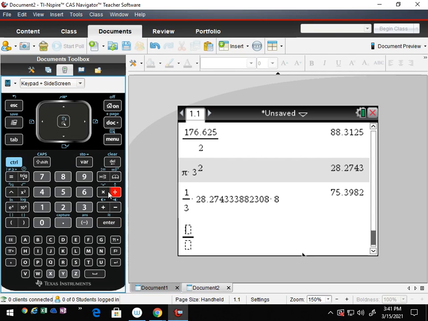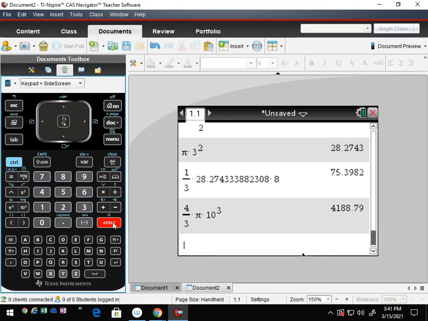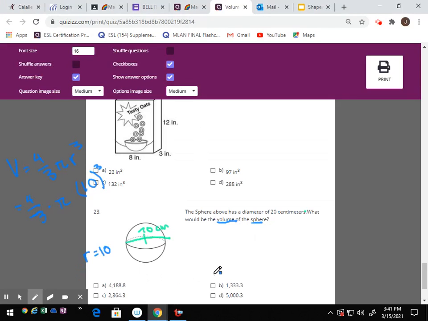So we have control divide, 4/3 times pi times our radius, which was 10 to the power of 3. And our answer is 4,188, which we can see is answer choice A.